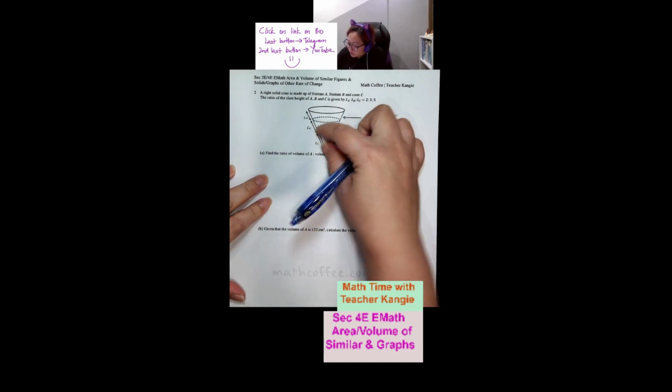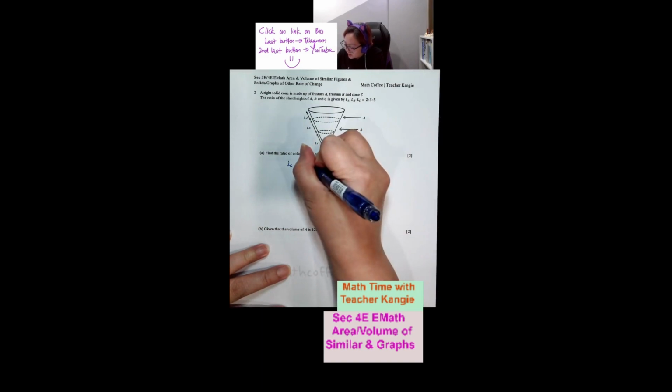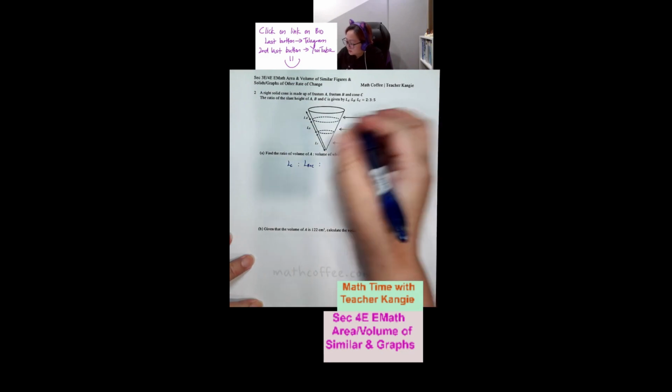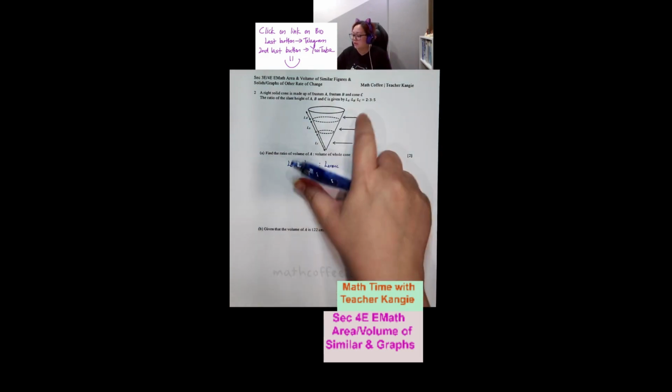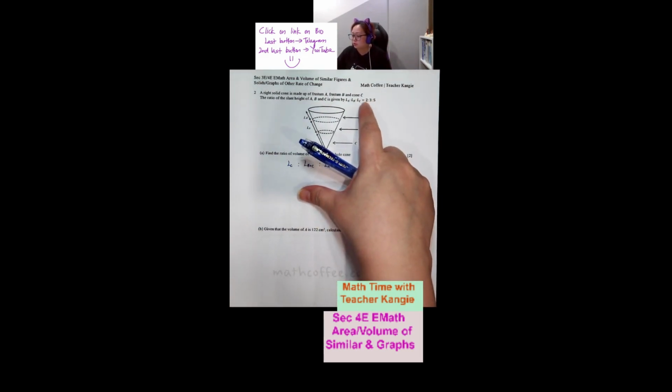So in order to find out the volume ratio, I need to find the correct length ratio first. So I'm going to write the smaller cone is LC. The medium cone is supposed to be L of B plus C. The bigger one, the slant height is L of A plus B plus C. So of course, a common mistake is students take 5 is to 3 is to 2, which is not correct.